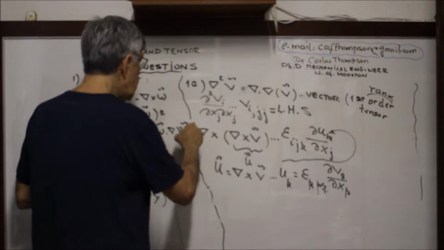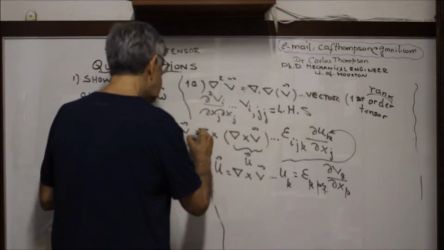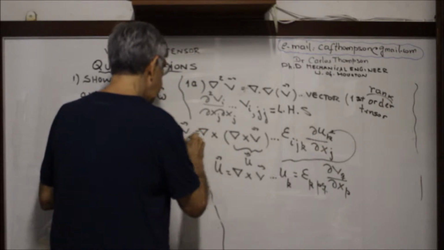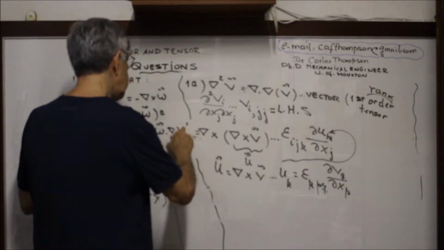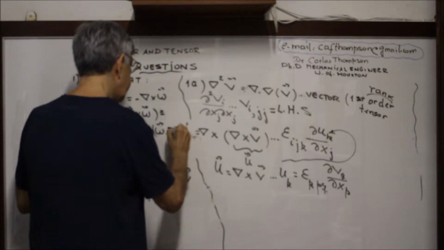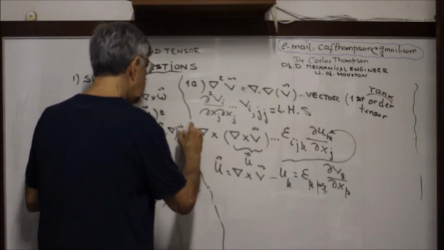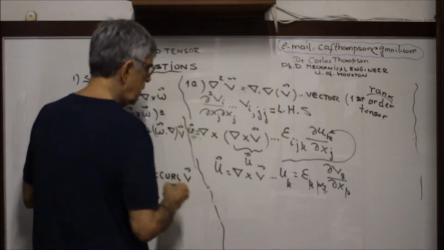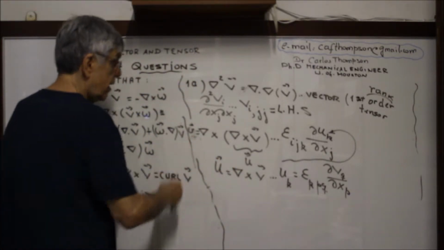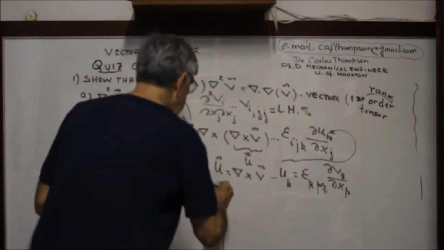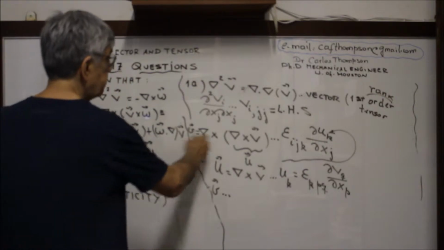I want to call this vector here small v. Just to write down, you see, this is a vector. Now I want to express v.